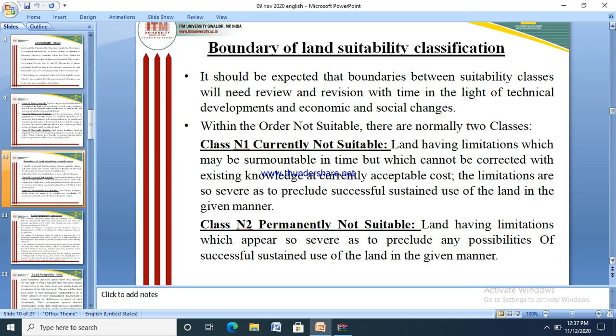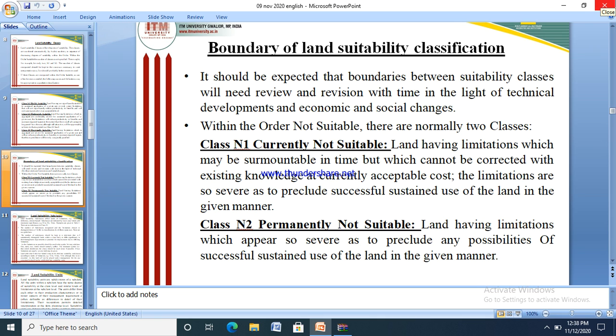Class N2 is permanently not suitable: land having limitations so severe as to preclude any type of use, and there is no sustainability in the system.